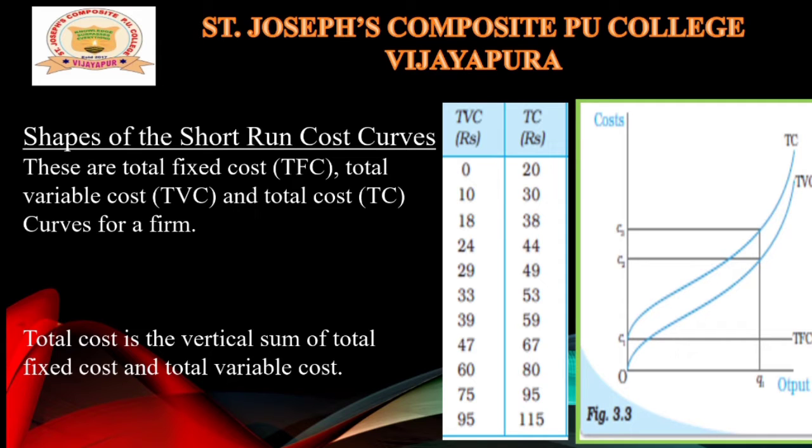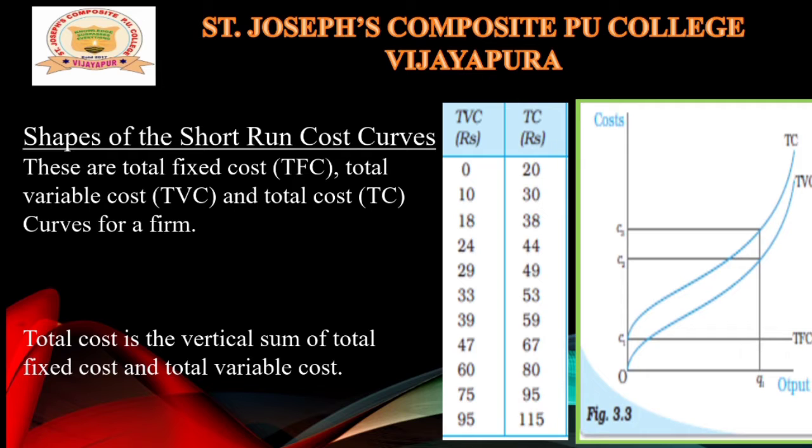So these are the total fixed cost, that is TFC, total variable cost, that is TVC, and total cost, TC curves for a firm. In the short-run, you already know that these are total fixed cost, total variable cost, and total cost. These are short-run costs. In this diagram you can observe the shapes of TFC, TVC as well as TC.